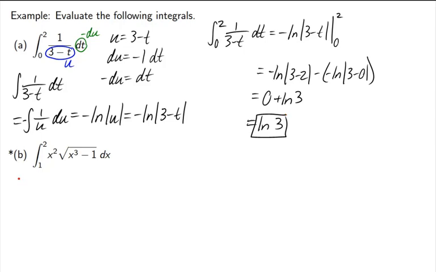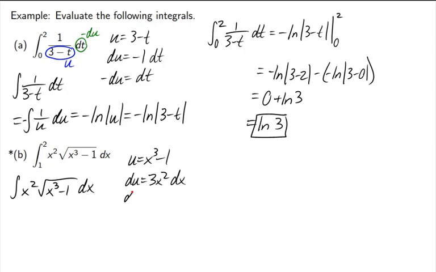Okay, let's solve the indefinite integral first. So if I do this one, I'm going to let my u be x cubed minus 1, and my du would then be 3x squared dx, so that du over 3 is equal to x squared dx.